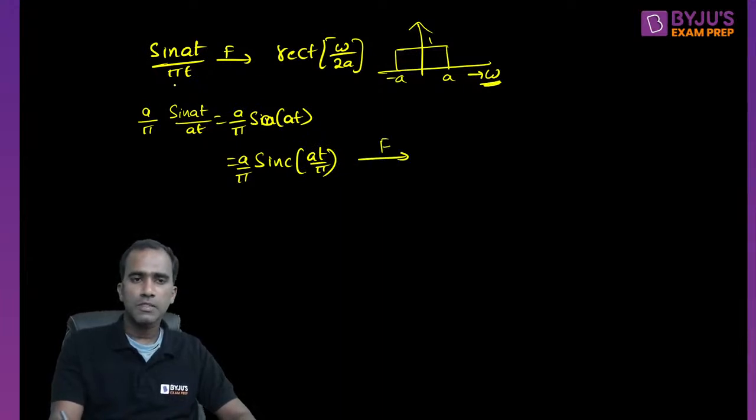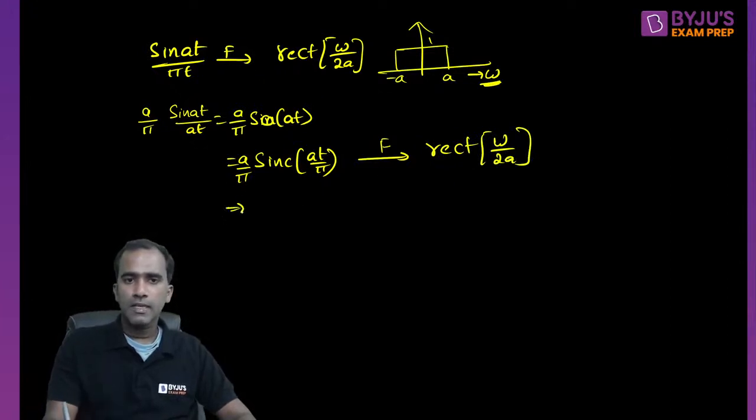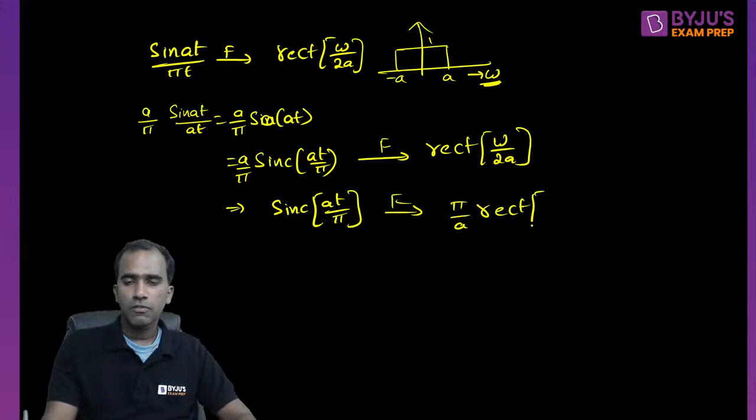Those are the same Fourier transforms; I did not change any constants here. I have multiplied and divided with a, so there is no change on the other side. So the Fourier transform will be rectangle of omega by 2a. Now if you send this a by pi onto the other side, it is pi by a into rectangle of omega by 2a.